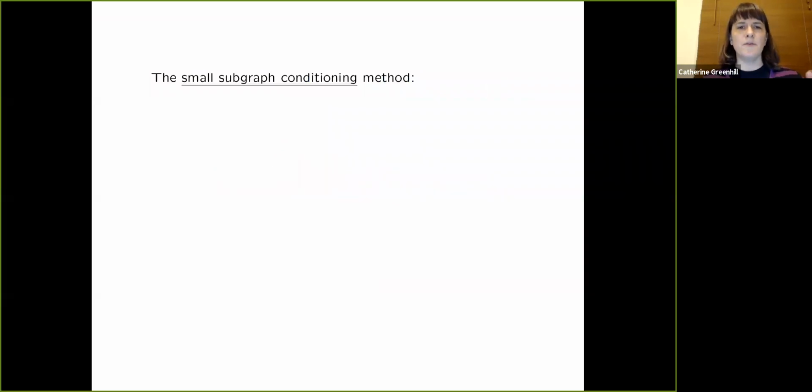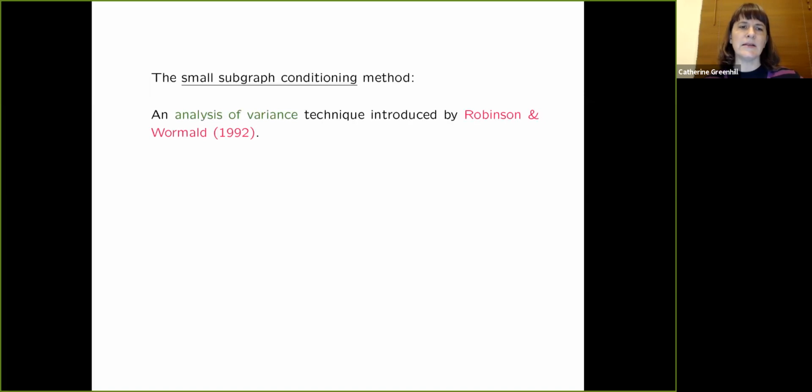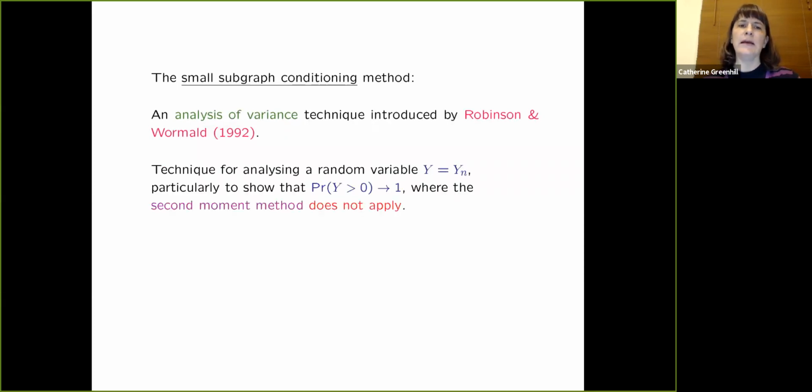I'm going to talk a bit about the small subgraph conditioning method and particularly applications to hypergraphs. Just a quick overview of what the method is. You want to analyze a random variable, and it's a kind of analysis of variance technique that was introduced by Bob Robinson and Nick Wormald in 1992. You use it when the second moment method does not apply. So if you're lucky, then the small subgraph conditioning will apply. You want to prove that a particular random variable is positive with probability which tends to 1.